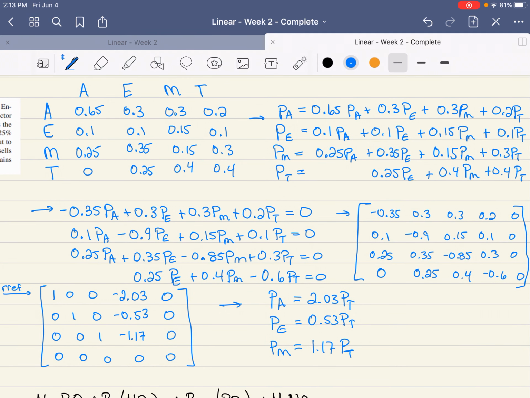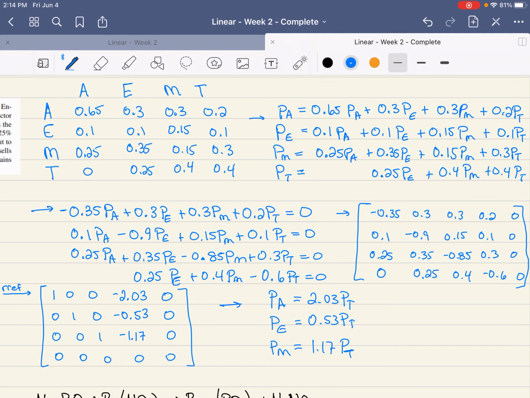It's not anything too fancy. So you could set the P sub T price to be 1, then P sub M will be 1.17, 0.53, and 2.03. So everybody else is dependent upon P sub T.